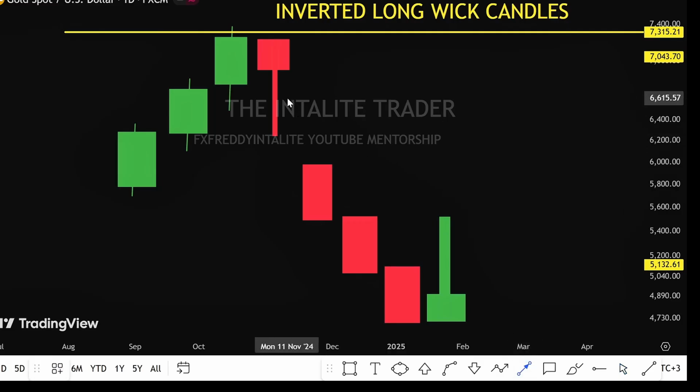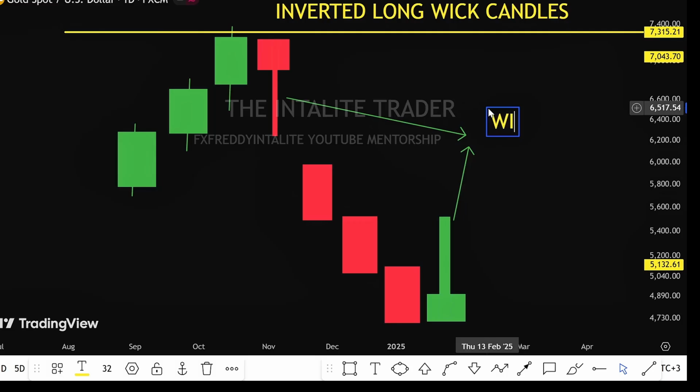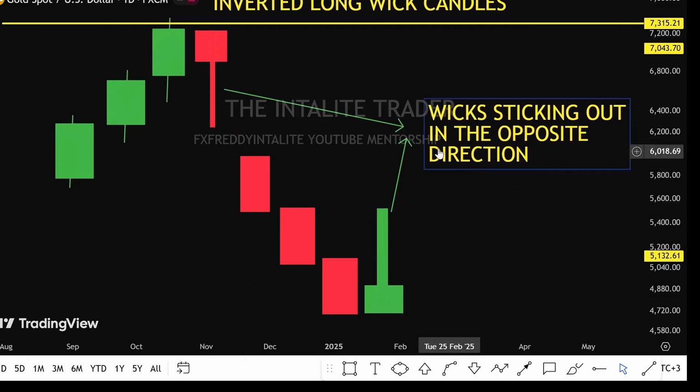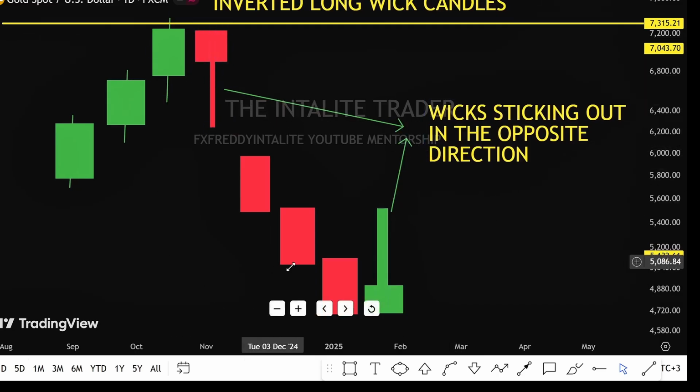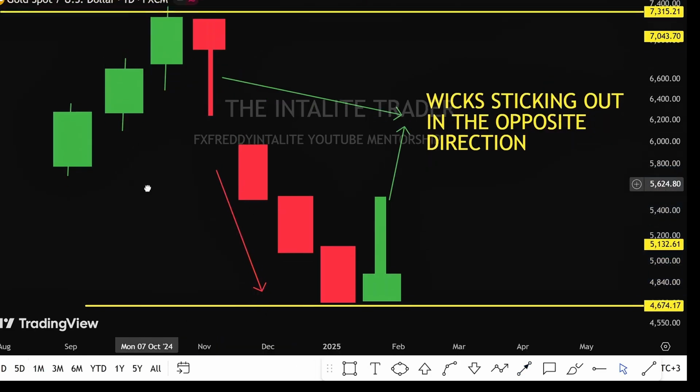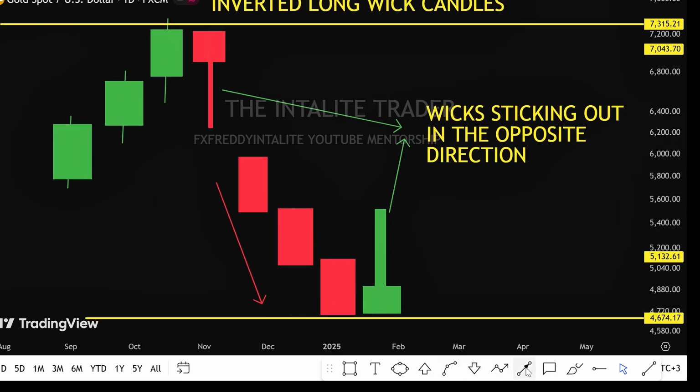You observe, you have wicks sticking out in the opposite direction of the moving trend. So you have these wicks which stick out in the opposite direction of the moving trend. This is coming down like this, and then you have this move where price is going up.